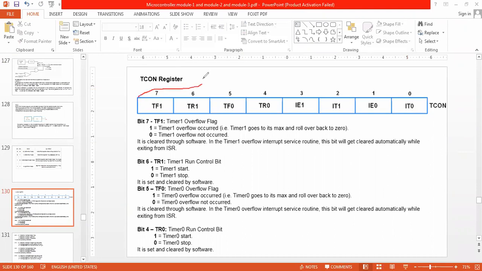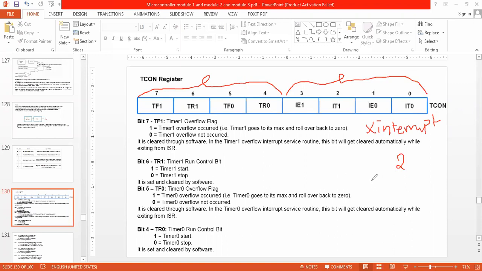only 4 bits are used. So the remaining 4 bits are related to external interrupts. How many external interrupts do we have? We have 2 interrupts, correct?